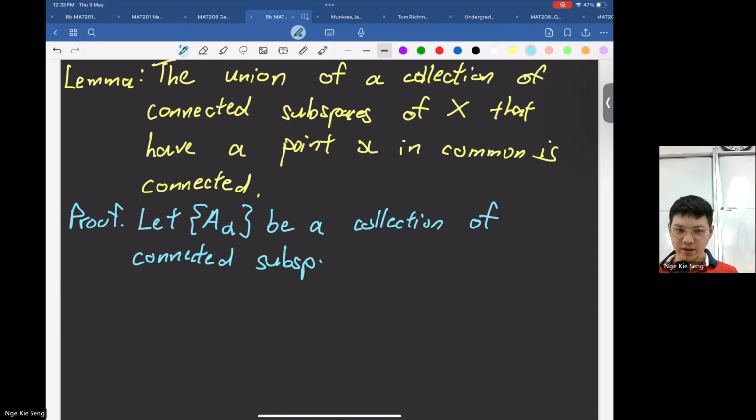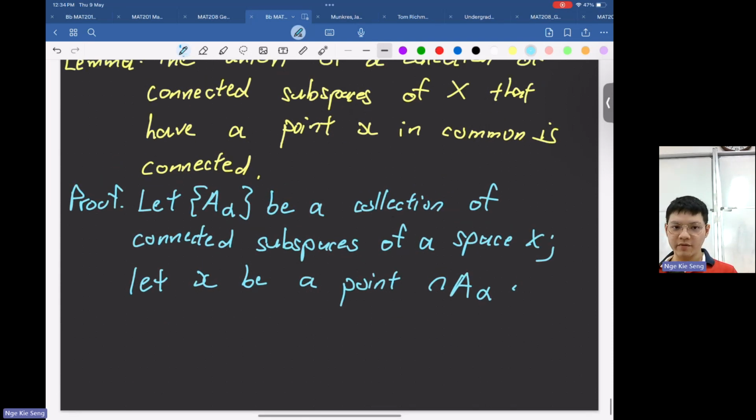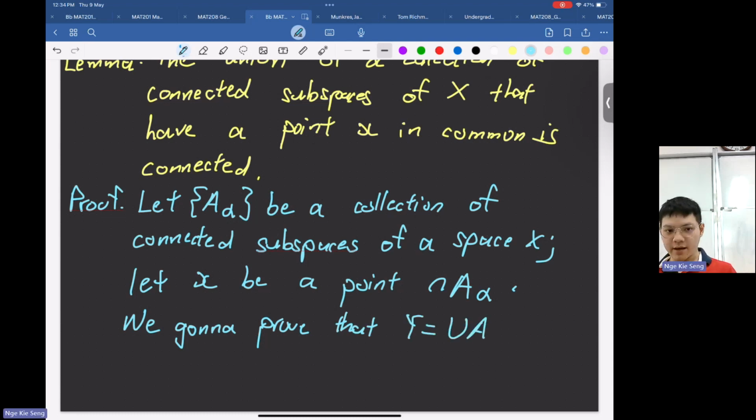We don't alter it. And then we name our point to be X. So let X be a point in this intersection here. Okay, and we're going to prove that Y equals the union of A alpha is connected.